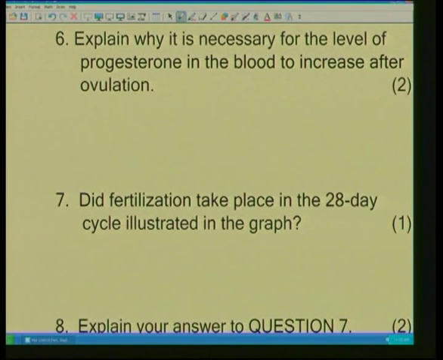Okay, explain why it is necessary for the levels of progesterone in the blood to increase after ovulation. Now, think about it, people. The corpus luteum releases the progesterone, all right? Why do we have to have a whole lot of progesterone in our bodies? Number one, it maintains the lining of the endometrium.